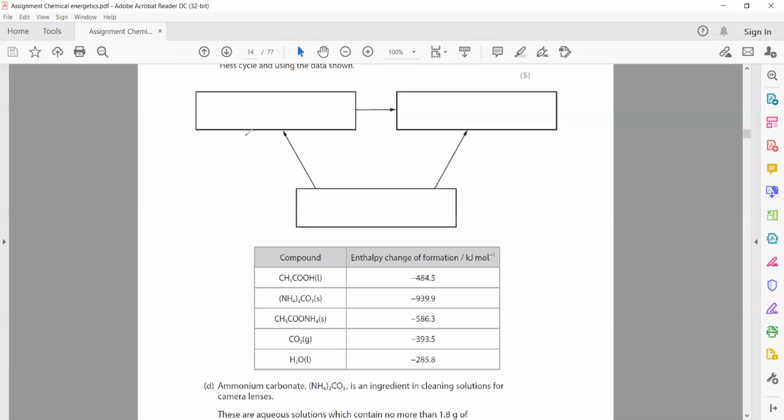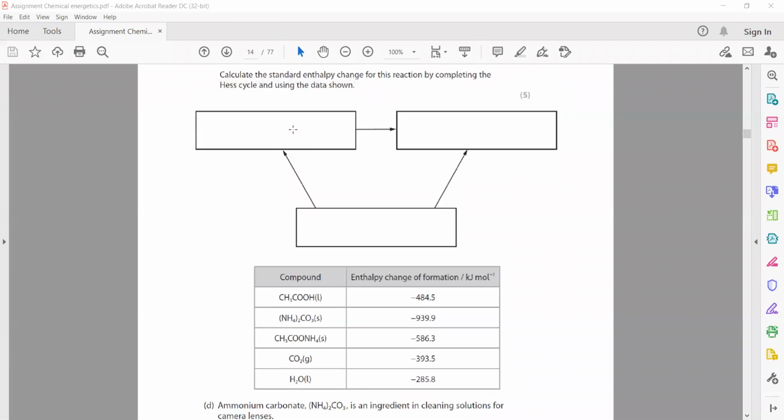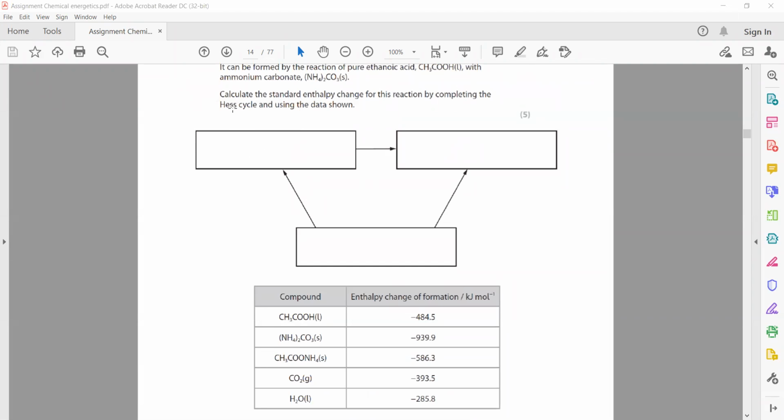So if I write, ethanoic acid, CH3COOH, is reacting with ammonium carbonate, (NH4)2CO3, to give ammonium ethanoate, the salt, plus water plus carbon dioxide.